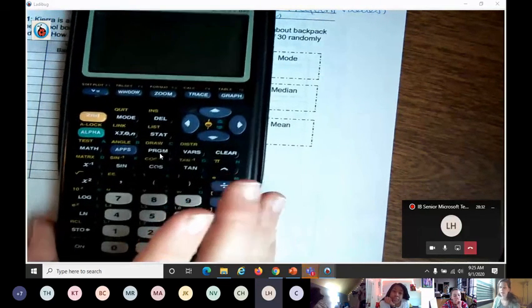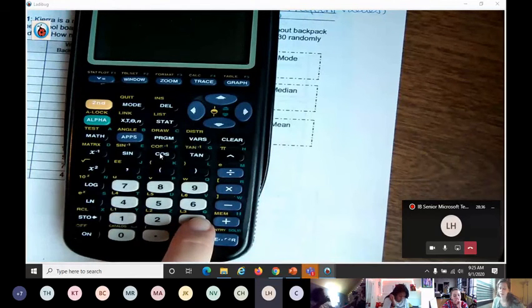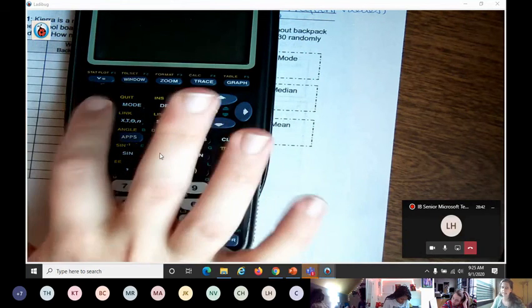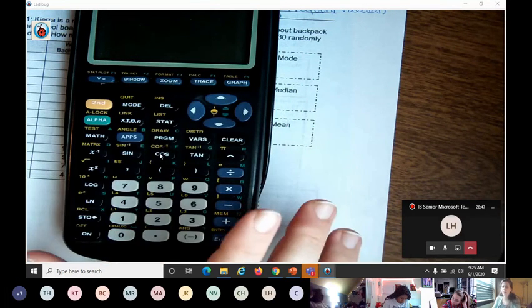Does everybody know how to type in their L's, their list values? No. Okay, so to type in your list value, if you look at all the yellow values above your numbers, L1, L2, L3, 4, 5, 6 are all there. You just click second, the yellow button, and it'll give you the yellow value that is associated with that button.